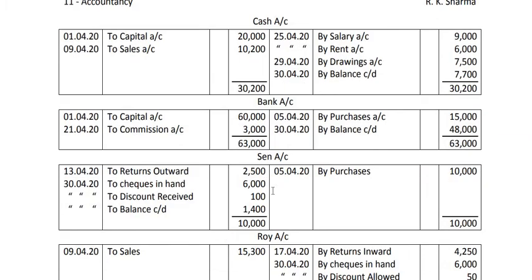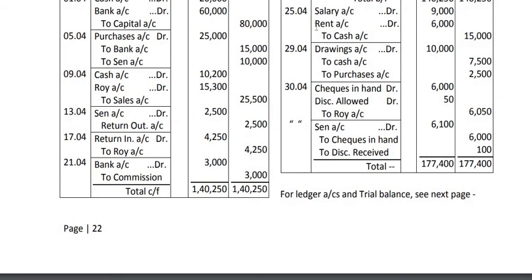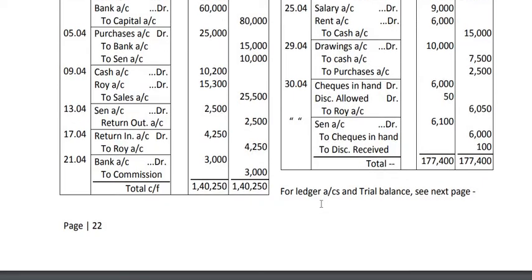Okay. Now you can make posting to salary account and rent account. In salary account you have to write to cash, not 15,000 but 9,000. In rent account you have to write to cash, not 15 but 6,000. So in salary and rent we shall write to cash account 9,000 and 6,000. See what I have done.